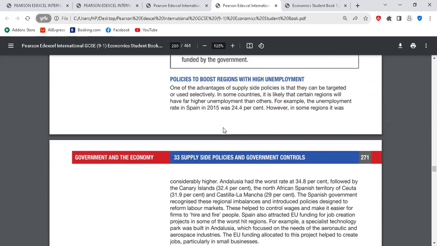So with supply side policy, government will be able to invest in those regions that have fewer employment opportunities than others. So what do they invest in? They find out what is needed in that environment. They make a business out of those things that are needed, so that those things will be able to employ workers. That is the point they are making here.